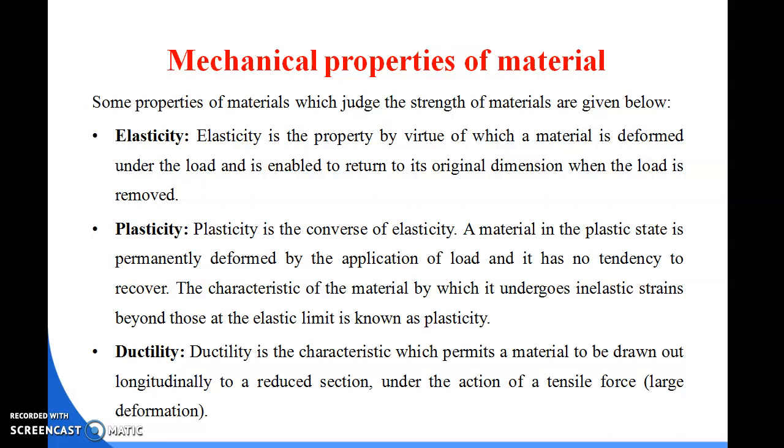If the body is in the elastic zone, it can regain its dimension while removing the loading system. So this is a mechanical property of the material.